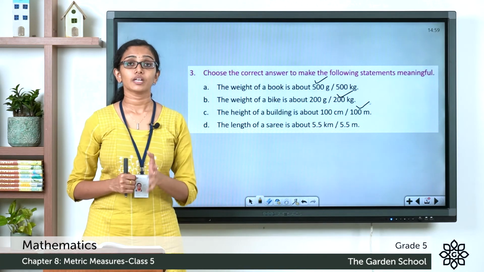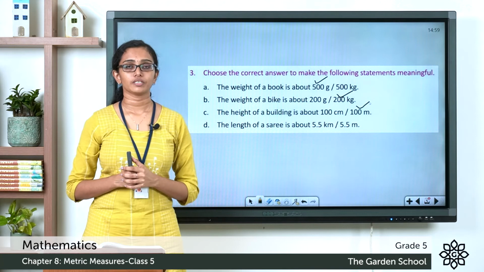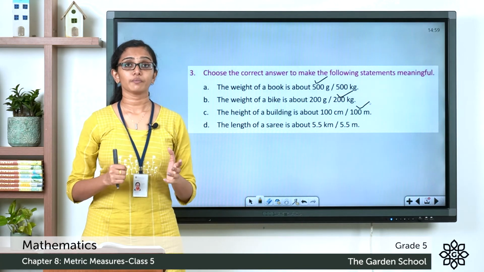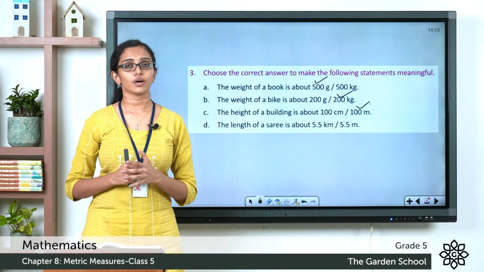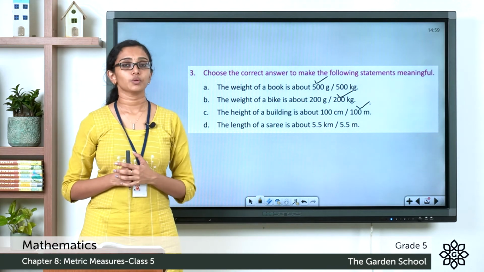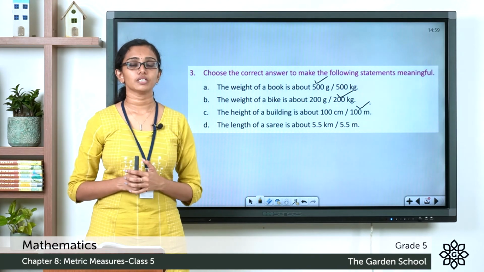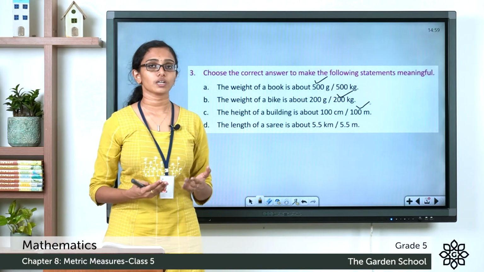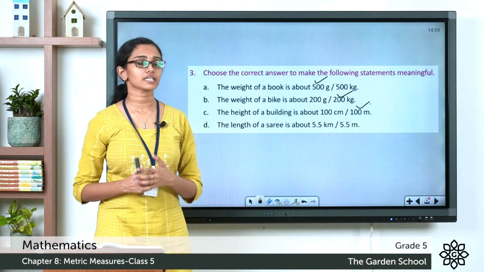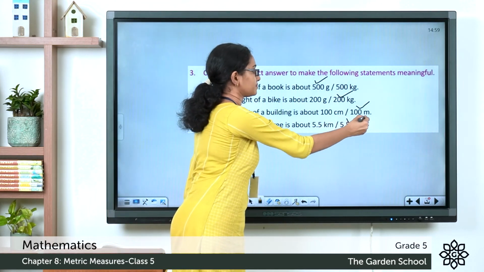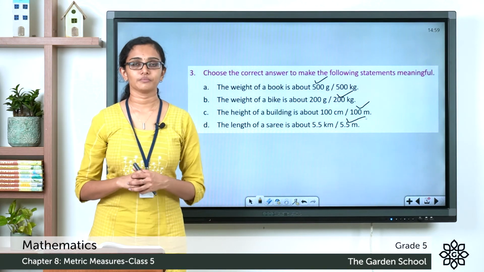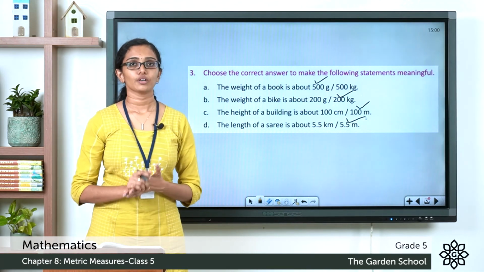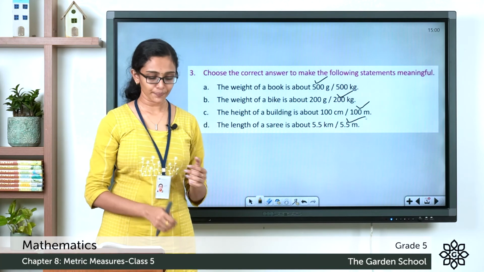No. It will definitely not be 1 kilometer long. So would it be 5.5 kilometer long? No. So a sari would be 5.5 meter long. It may be around or about 5.5 meter long. So let's take that one, 5.5 meter. So I hope you got all these examples clear.